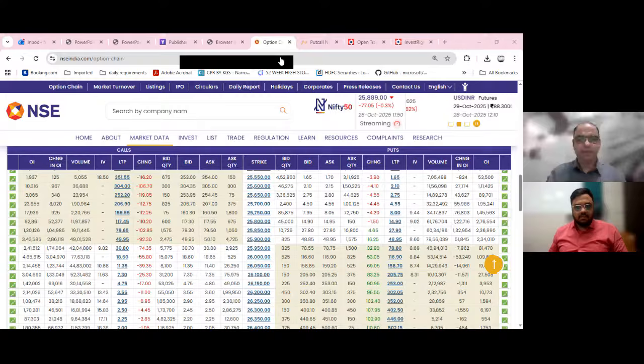On the intraday time frame as well as the daily time frame, there happens to be an opening upside gap of the last session as well. So the intraday trend is weak, and the overall chart pattern is indicating that there is a possibility of Nifty bouncing back from the lower levels. So we suggest a strategy.